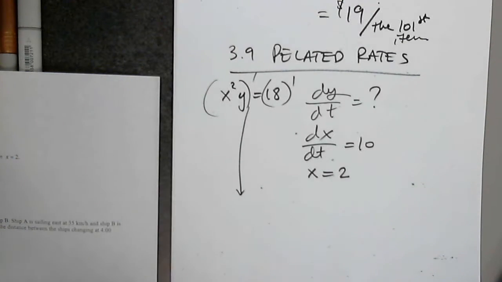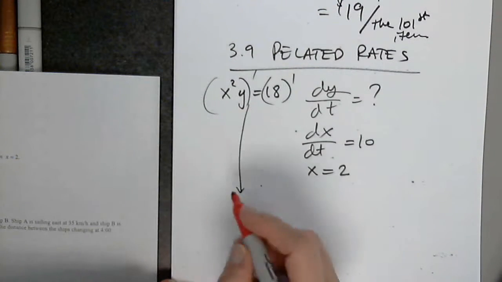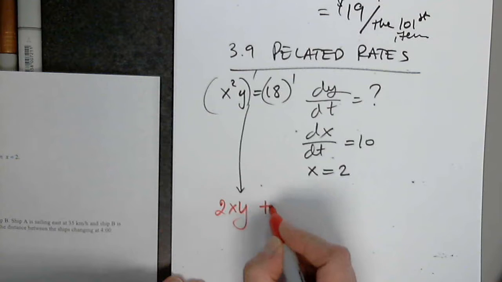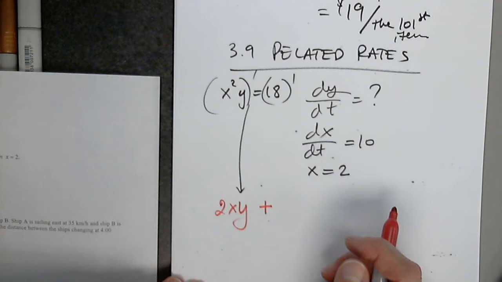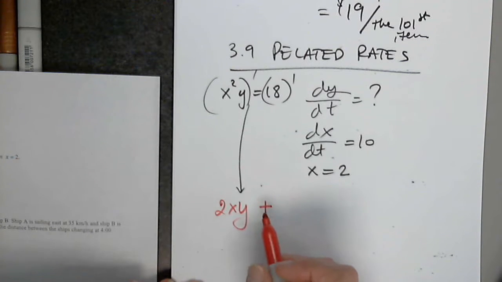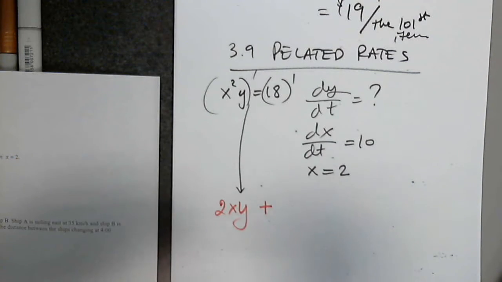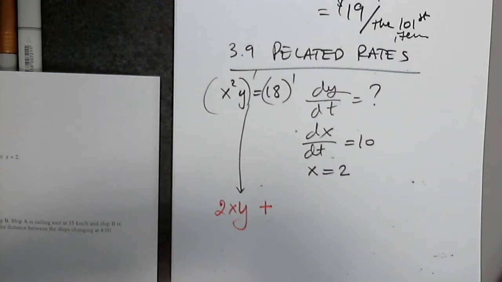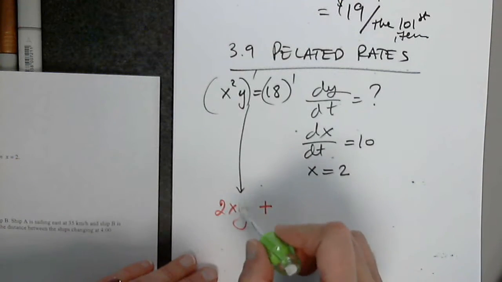So then when I differentiate both sides here, what do I get? Forgive me, x is a function of t. So let's start from the beginning.